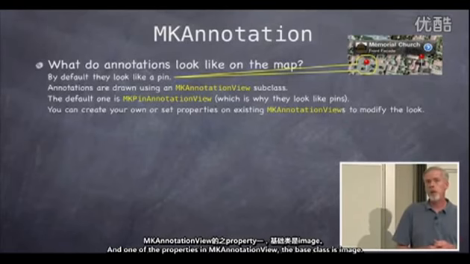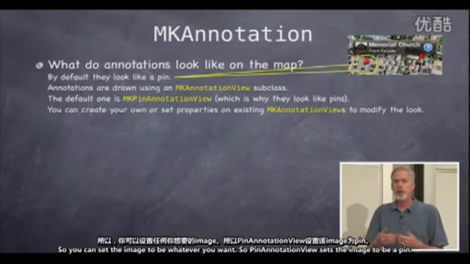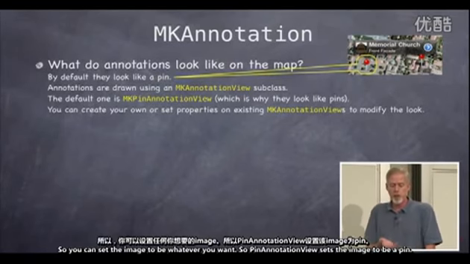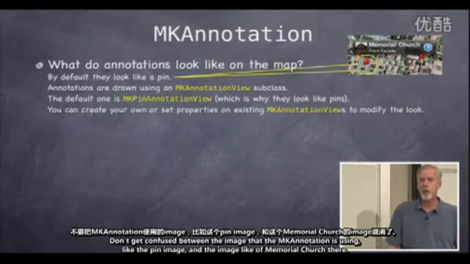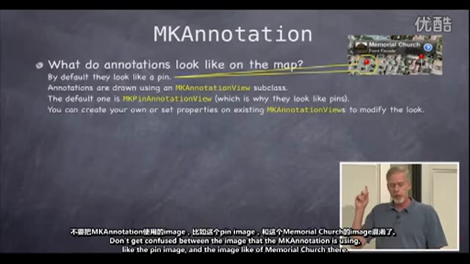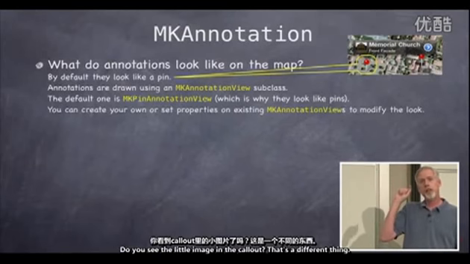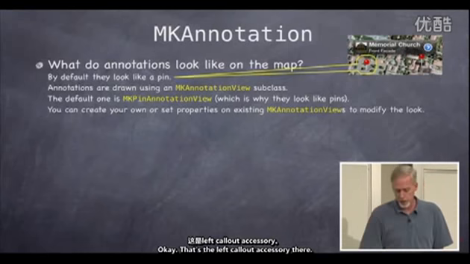And one of the properties in MK annotation view, the base class, is image. So you could set the image to be whatever you want. Pin annotation view sets the image to be a pin, but you could set the image to be something else. Don't get confused between the image that the MK annotation view is using, like the pin image, and the image like of Memorial Church there. You see the little image in the call out? That's a different thing. That's the left call out accessory there.